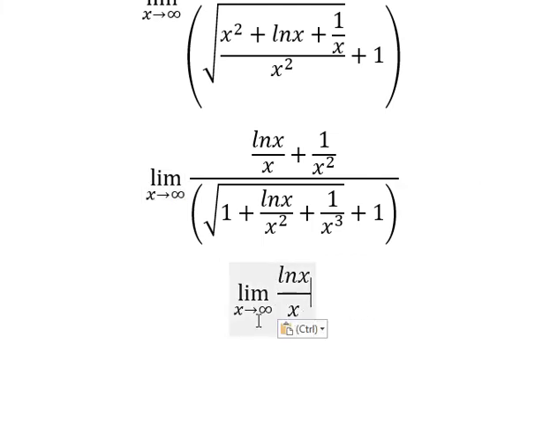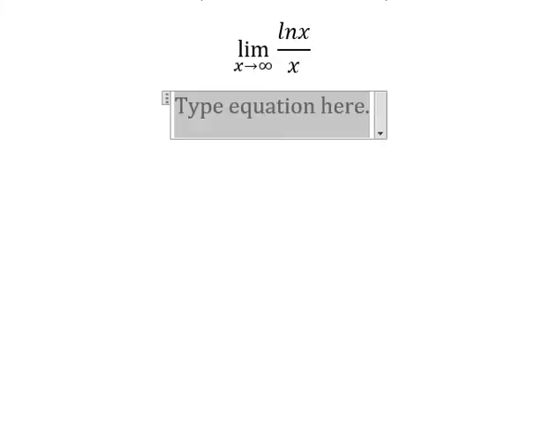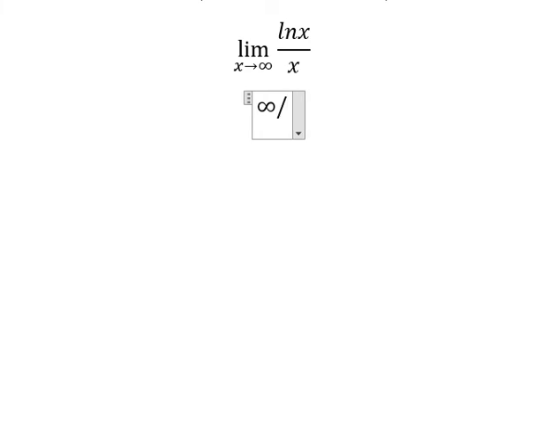So when s approaches to positive infinity, this one will go to positive infinity. This one will go to positive infinity. So we have positive infinity over positive infinity.